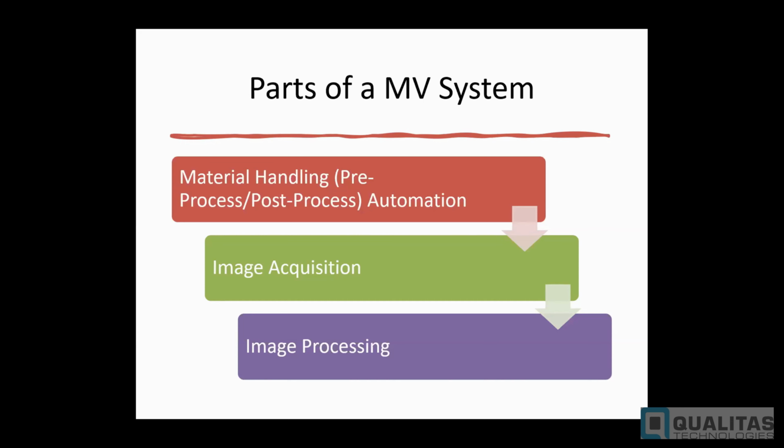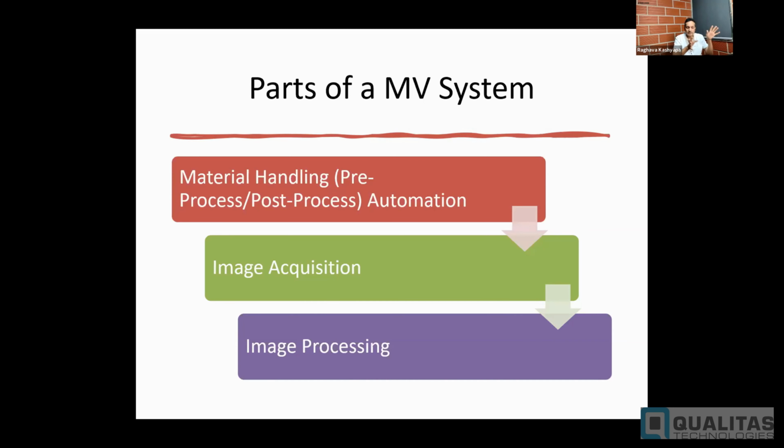The three parts that go into this system are, firstly, material handling. To make sure the camera is consistently acquiring images of parts, you need to have material handling in place. If all your material is dumped into a bin, you can't use machine vision effectively, because the parts are oriented differently and hidden in different layers.